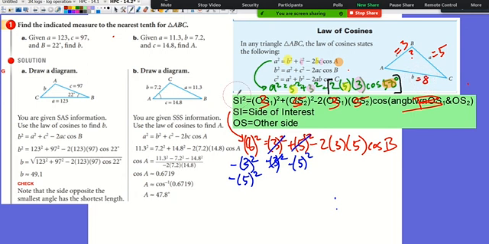So now I get 8 squared, which is 64, minus 9 minus 25. 8 squared minus 3 squared minus 5 squared is going to be 30, equals negative 2 times 3 times 5 cosine of B.